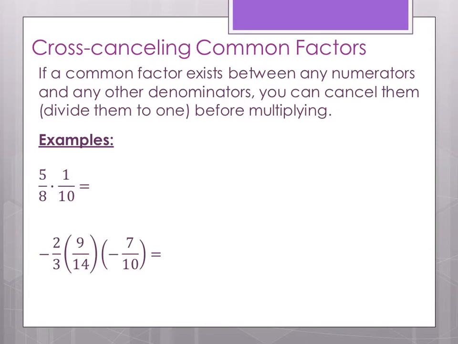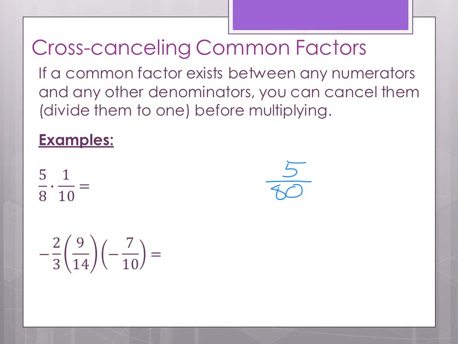In this first example, I have 5/8 times 1/10. I could easily just, I'm going to write this out to the side, multiply across the top and get 5, and then multiply across the bottom and get 80, but that's a fraction that I have to simplify.